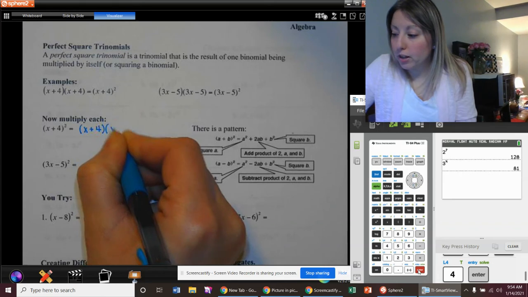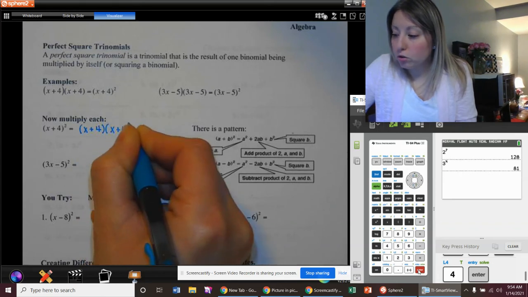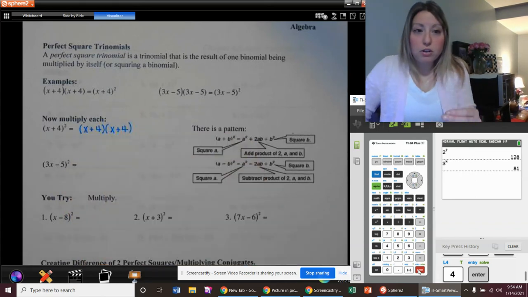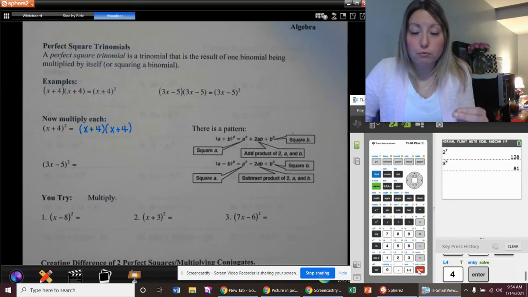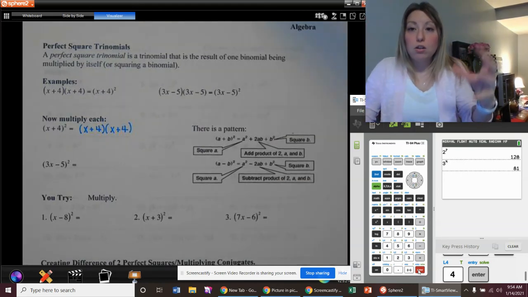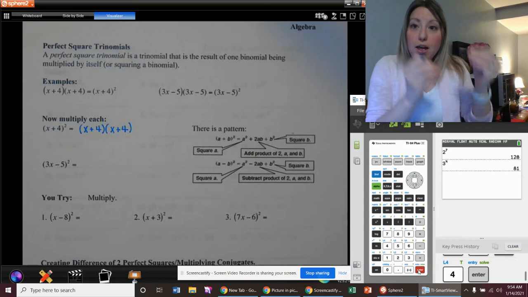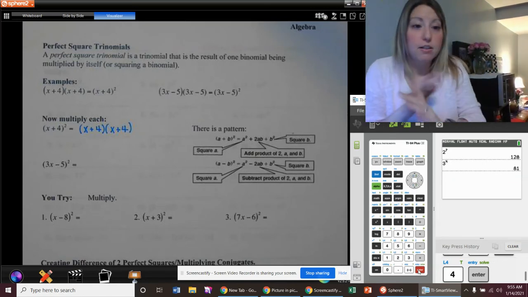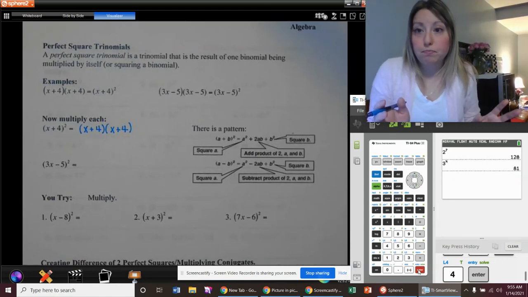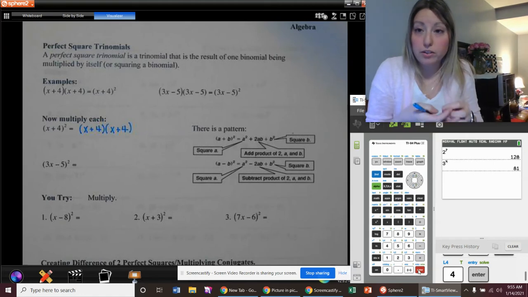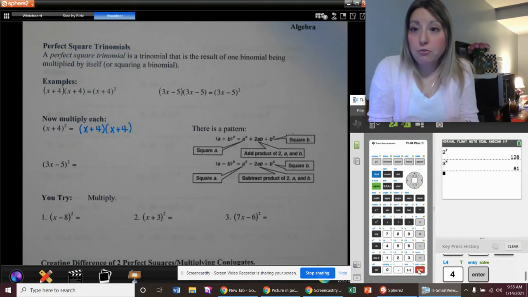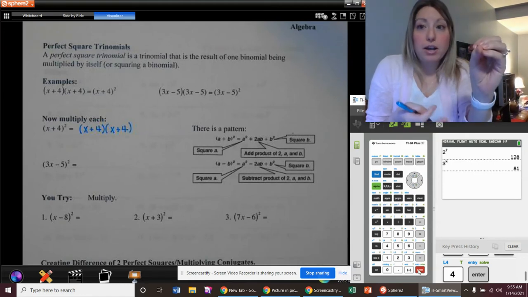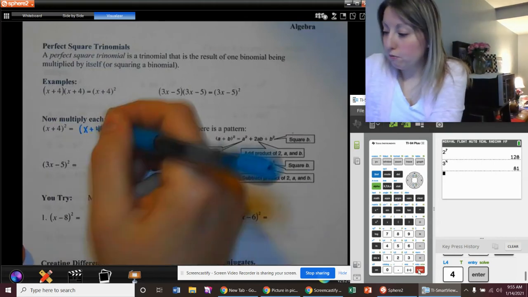Because what people forget is that this is a binomial times a binomial, which means you have to FOIL. You must FOIL. You cannot just square the front and square the back. That won't give you the right answer. There's going to be a middle. That's why it's a trinomial. So you have to write it back out as binomial times binomial and FOIL it.